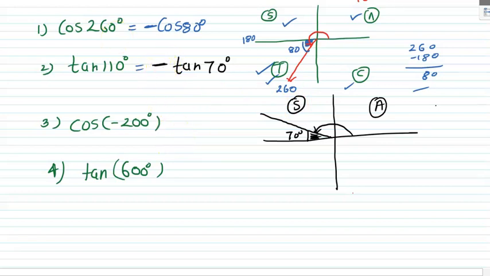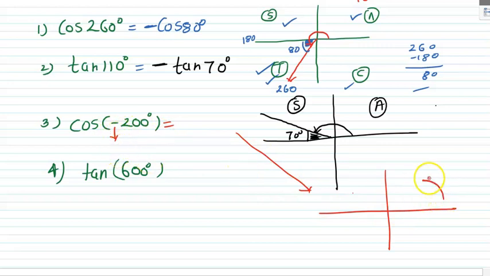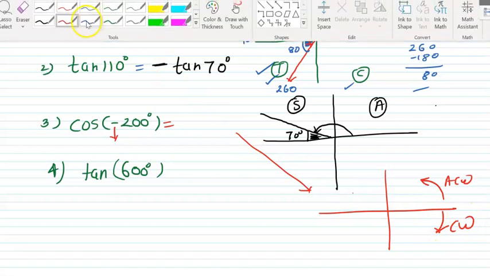Okay, next one, cos minus 200 degree. For this question you see this diagram here, red ink, cos minus 200. So the minus sign is telling you that you need to move in clockwise direction. This is anti-clockwise and this is clockwise. So we are moving in clockwise direction.